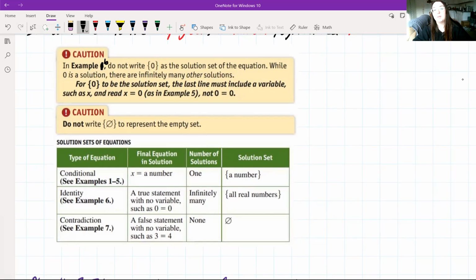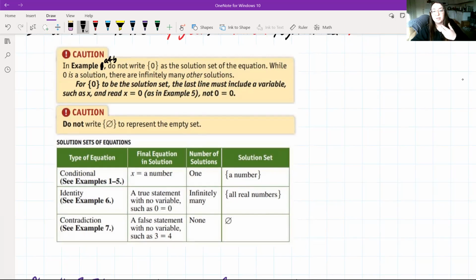There's no value that we can plug in for x that would make those statements true, which tells us that we have to write either the null set or the empty set. Or if there are infinitely many solutions, we also can't just write that one value. So this would apply to example 1a and b.